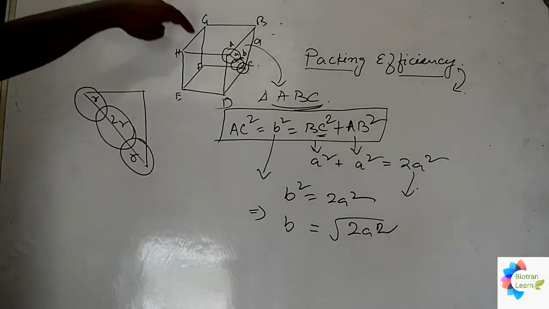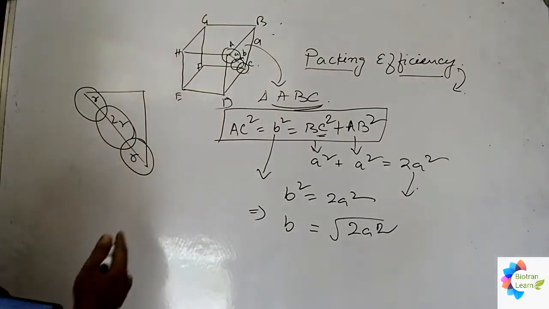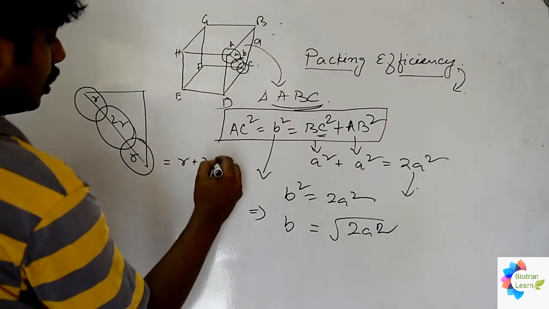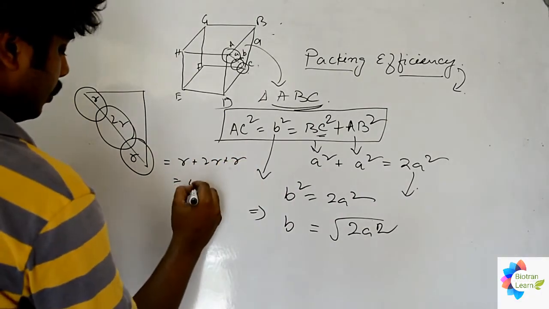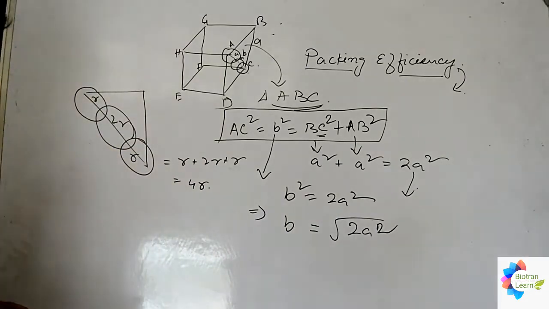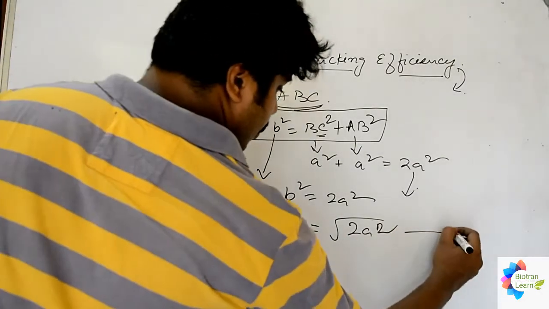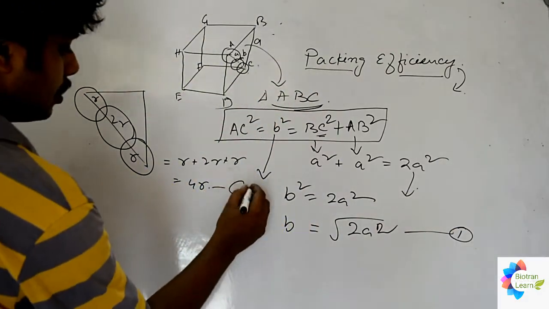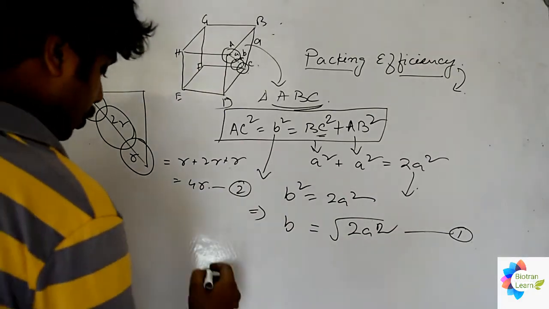So for the hypotenuse part, we can consider this one as 4R, R plus 2R plus R, that will be equal to 4R. Hence we can write it in such a way that B, now this was our equation 1 and this is our equation 2, right? Now we will try to combine these two equations.